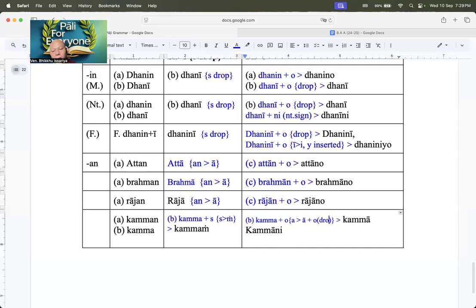So in this it can be gamma. And then this one is neuter gender, that is gamma. So this ni is added, the neuter plural sign. So we have gamma ni like this.